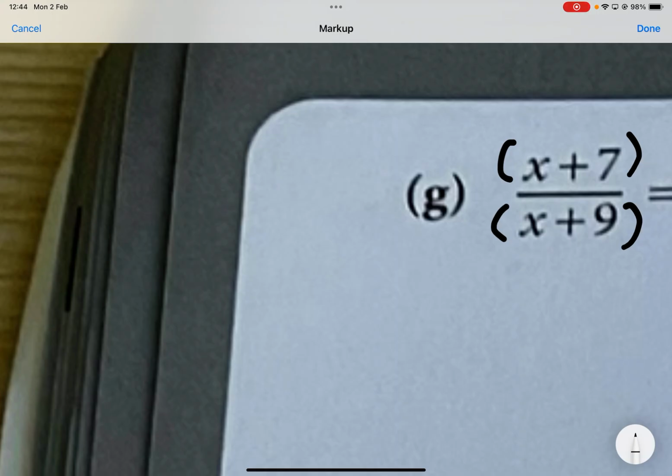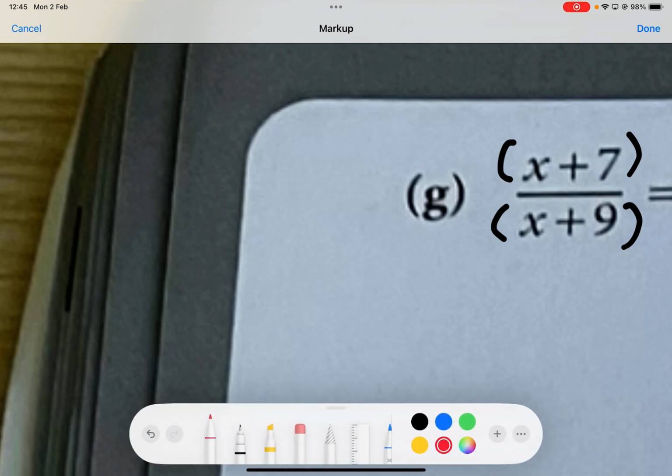Amira, you see here, if I have this fraction, can I multiply something to make the 3 disappear?